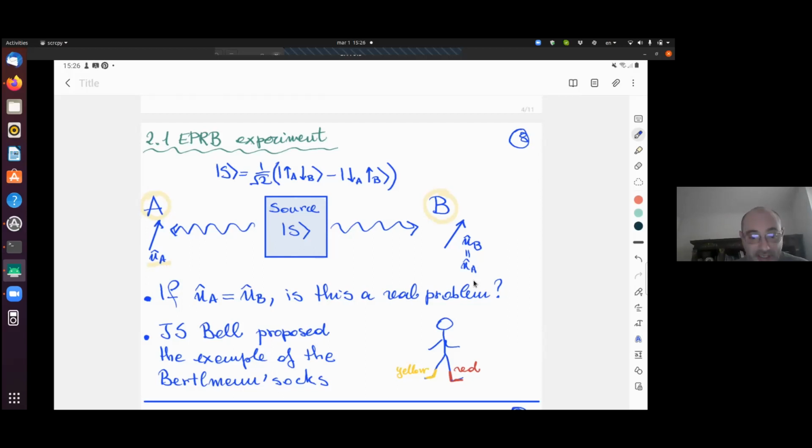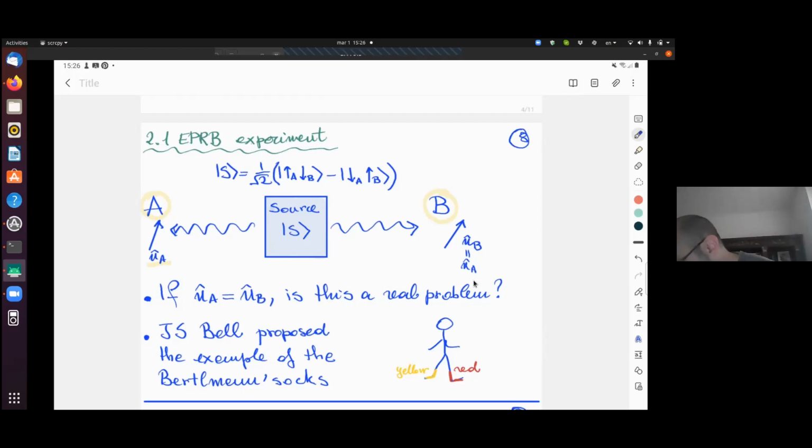So basically, even when A and B are spatially disconnected. Okay, so this is the EPR experiment, and the fact that the state is entangled is crucial to see these non-local correlations between A and B, non-local in this sense.